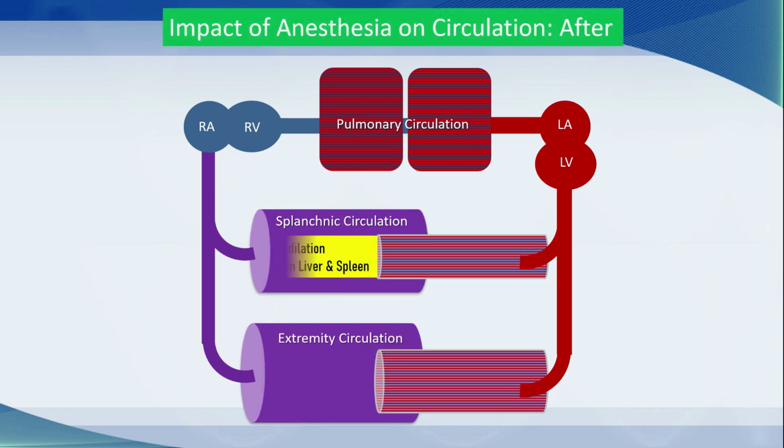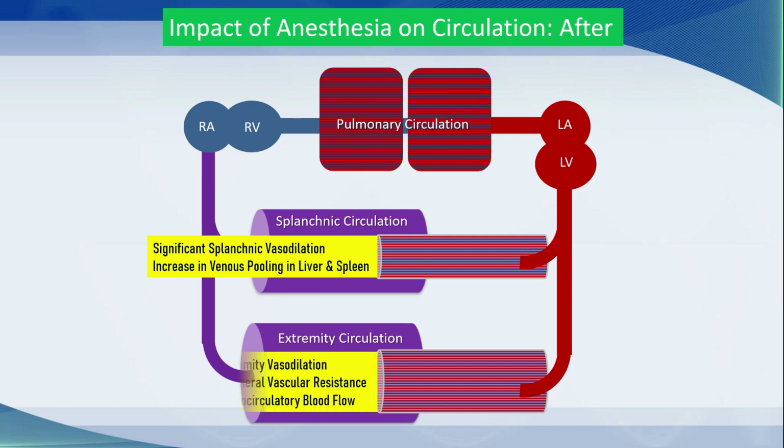When anesthesia is delivered, vasodilatation occurs throughout the circulation. For example, there is significant splanchnic vasodilatation that results in pooling of venous blood around the liver, spleen, kidneys, and the bowel. There is vasodilatation in the extremities. This is the main source of your peripheral vascular resistance.